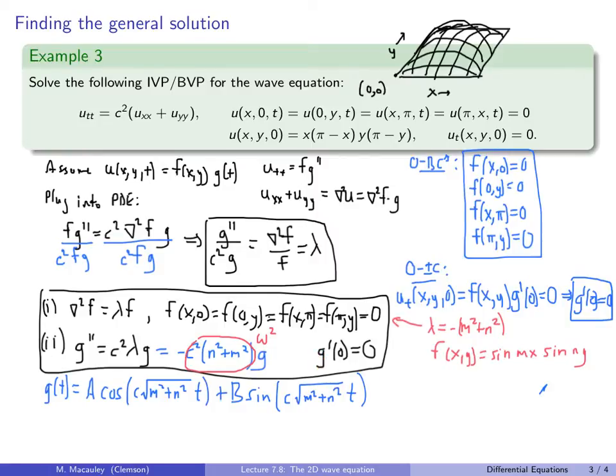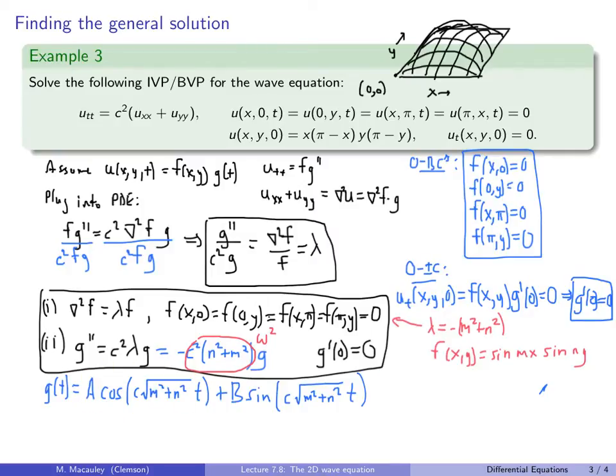So what does this tell us? Notice if this condition were G of 0 equals 0, then we would plug in 0, and this would become 0, and we would get G of 0 equals a equals 0. G of 0 being 0 would kill off the cosine term.